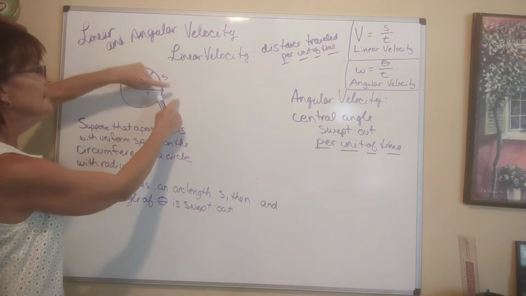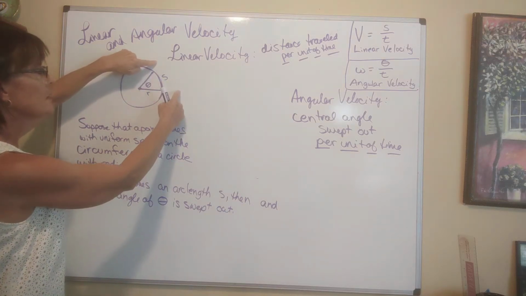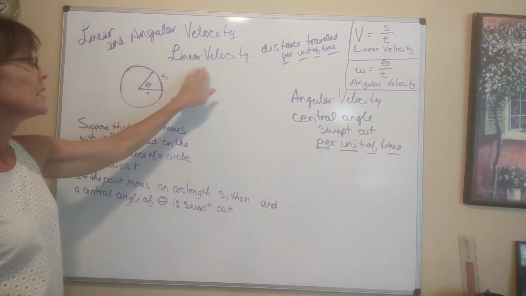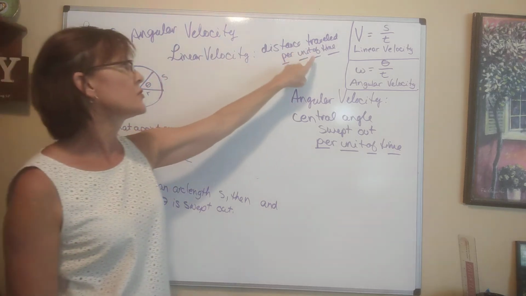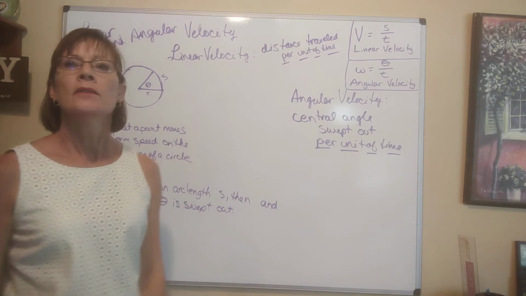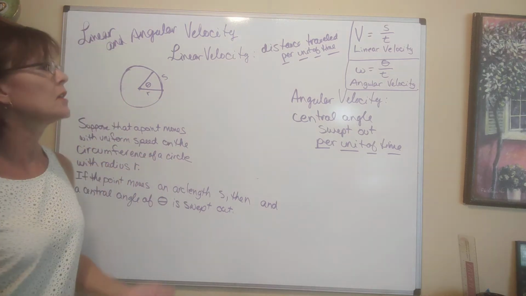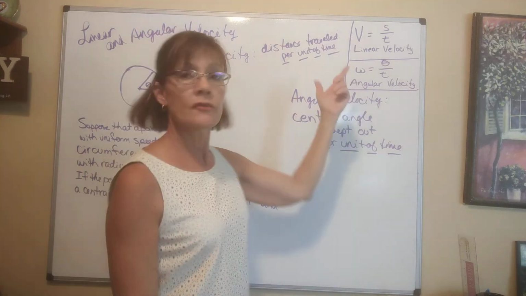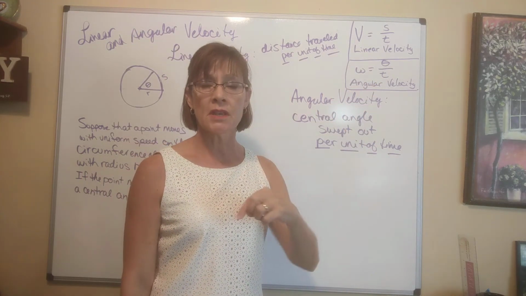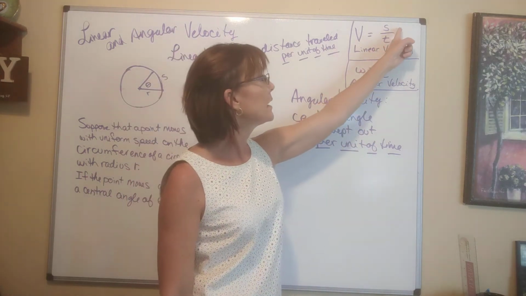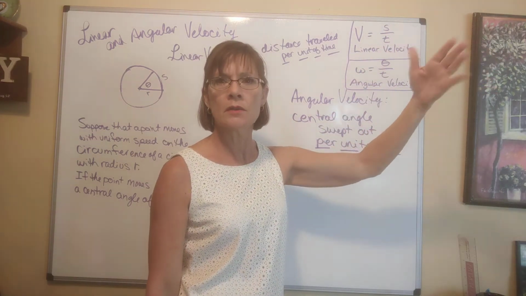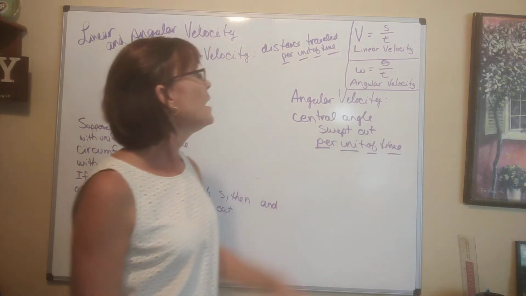If you take that distance over time, that is the rate at which it's traveling, and that is known as the linear velocity, the distance traveled per unit of time. The variable given to linear velocity is v, and the formula for it is s over t, where s is the arc length over some unit of time. It could be minutes or seconds or hours, just some unit of time.